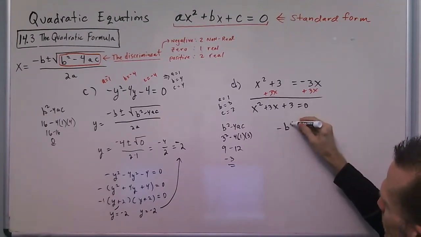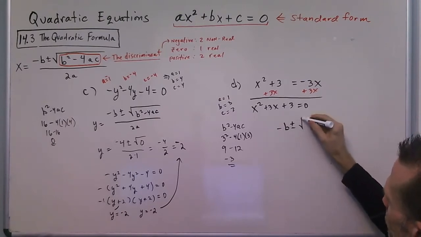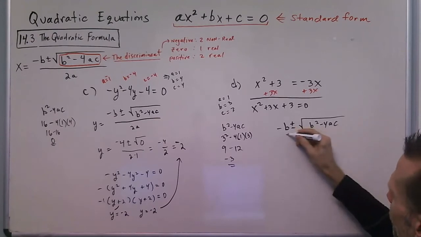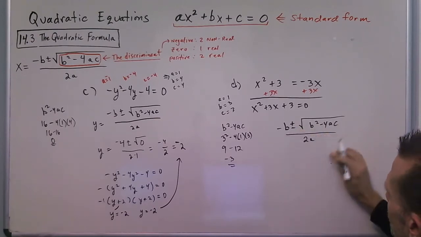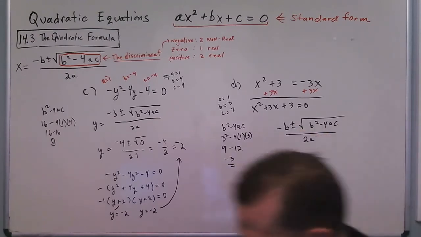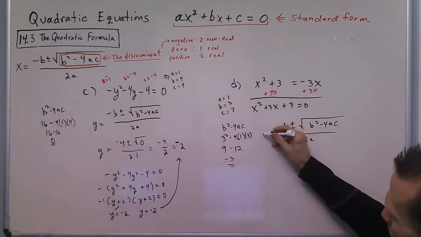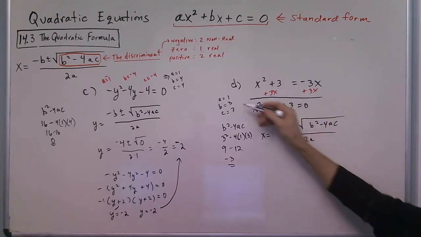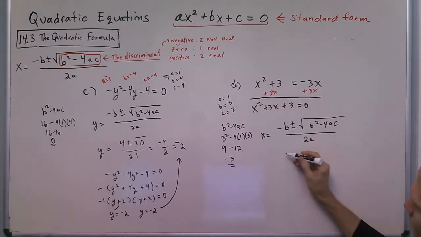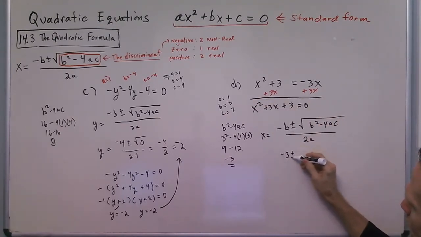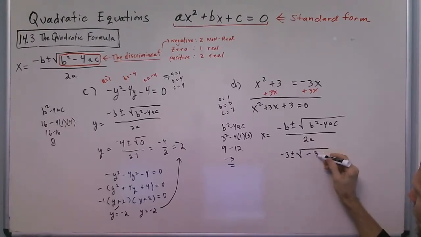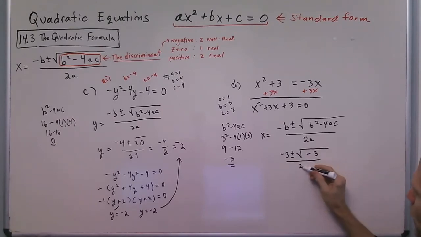So I have negative b plus or minus the square root of b squared minus 4ac, all over 2a. I have x equals, let's see, my b value is 3, so I have negative 3 plus or minus the square root of the discriminant, negative 3, all over 2 times 1.